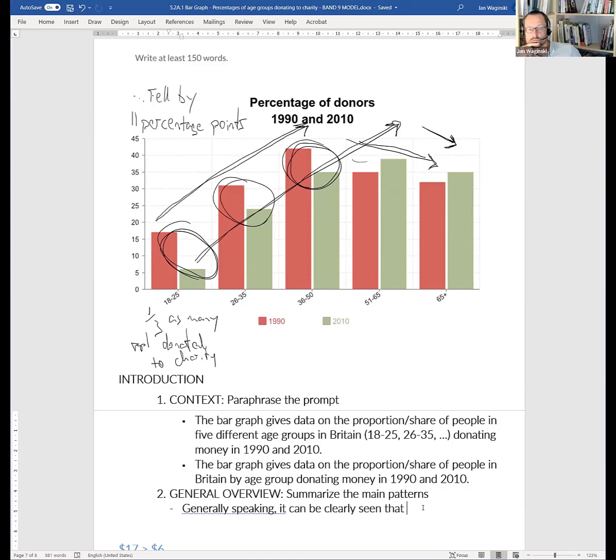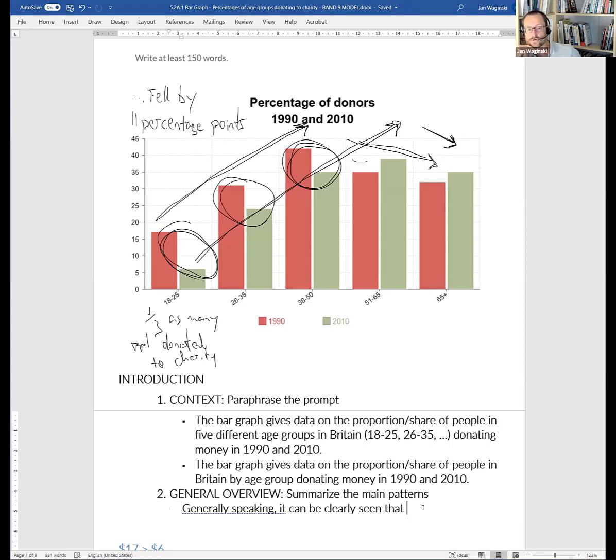You're going to be in big trouble if you do that, because we have no idea how much money they donated. We have no idea how much money anyone donated. The only thing we know is that the percentage of people in each group changed.